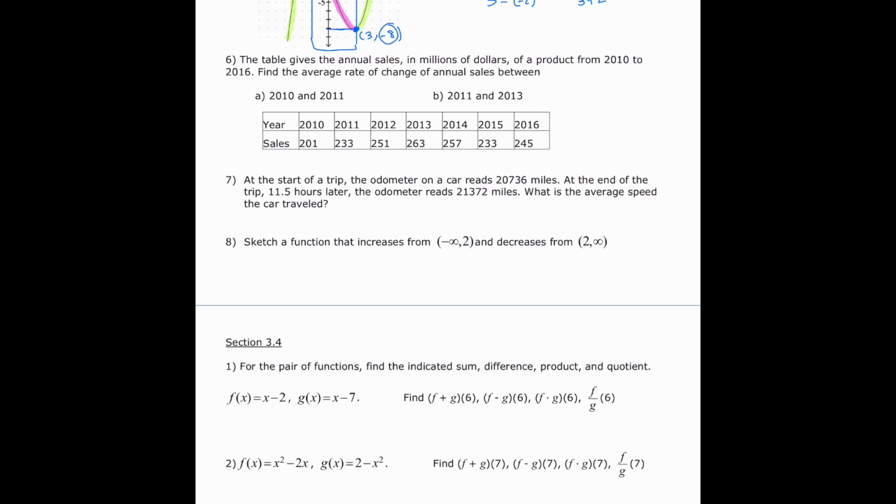The table gives the annual sales in millions of dollars of a product from 2010 to 2016. Find the average rate of change of the annual sales between 2010 to 2011, and 2011 to 2013.